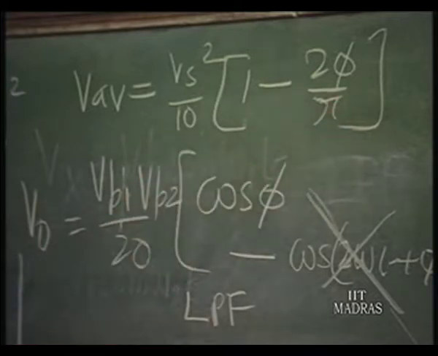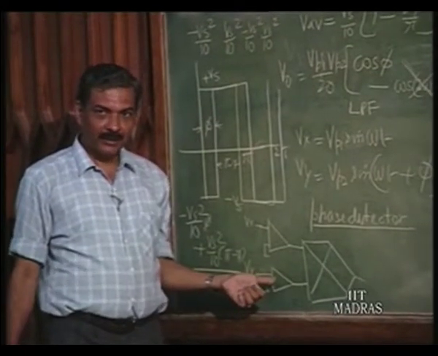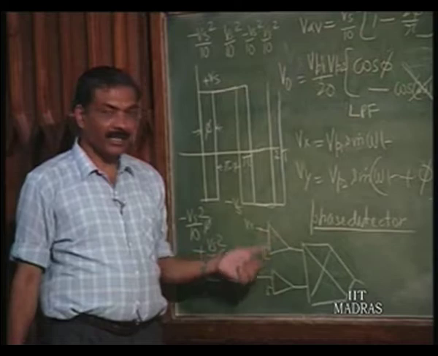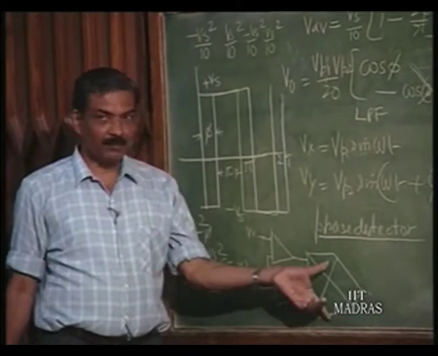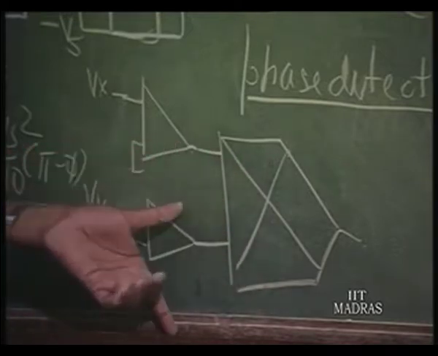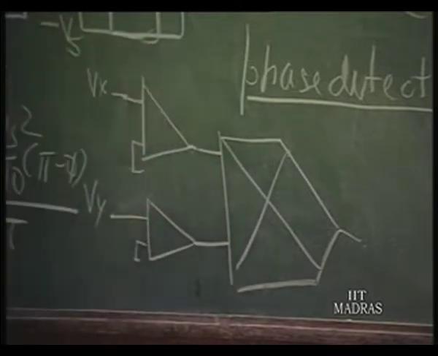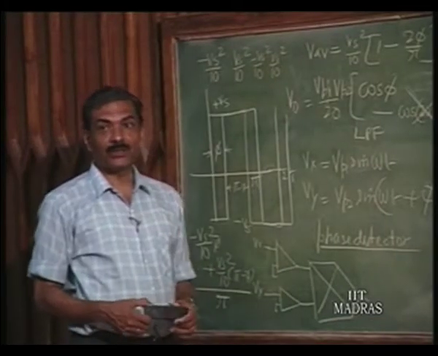You can see that communication engineers call these amplifiers limiters, not comparators. You can limit the amplitude by using high gain amplifiers, and apply this to a multiplier, which is nothing but a modulator or mixer. If the two frequencies are the same, then the average component at the output will be directly proportional to phi.